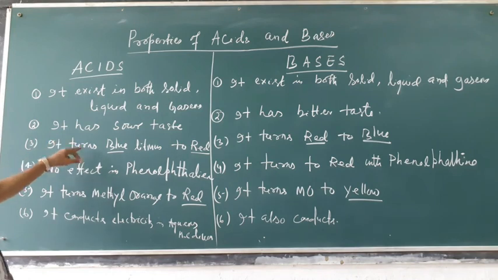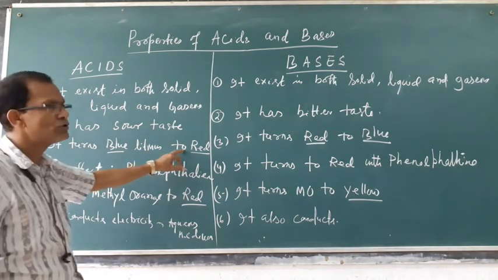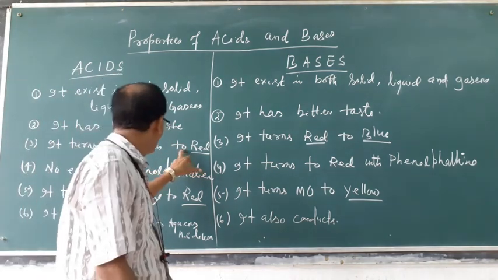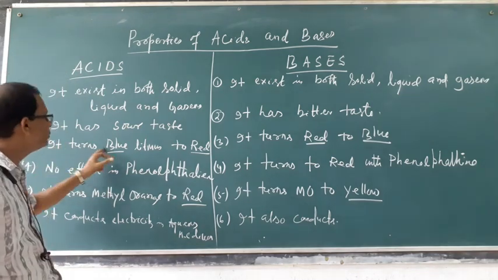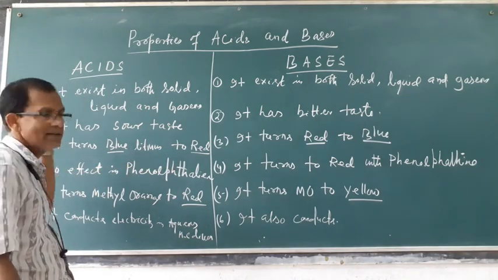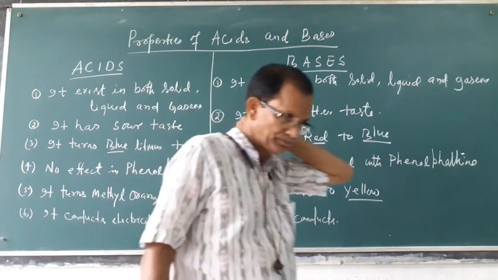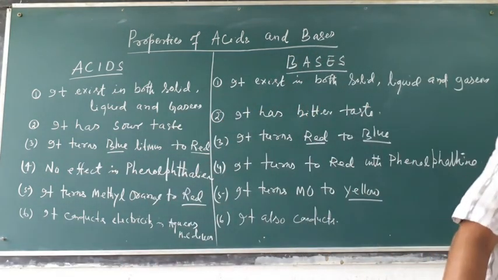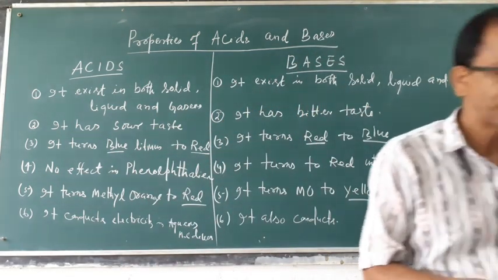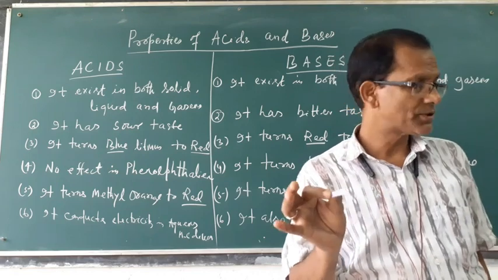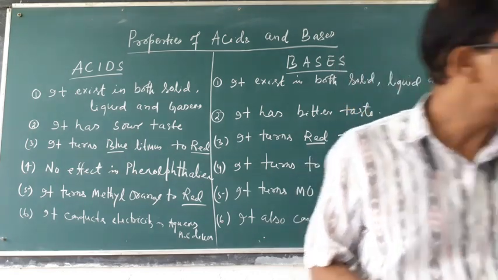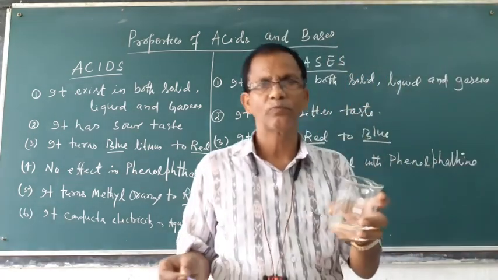Then come to the third property. What? It turns blue litmus to red. Which turns blue litmus to red? That is acid. Let us see. This is a blue litmus and this is acid.